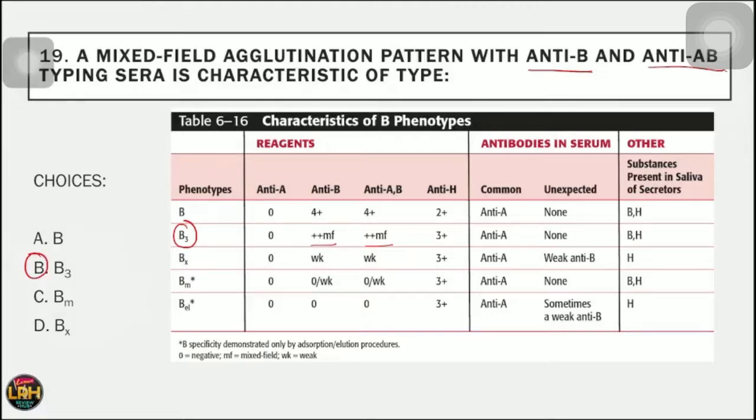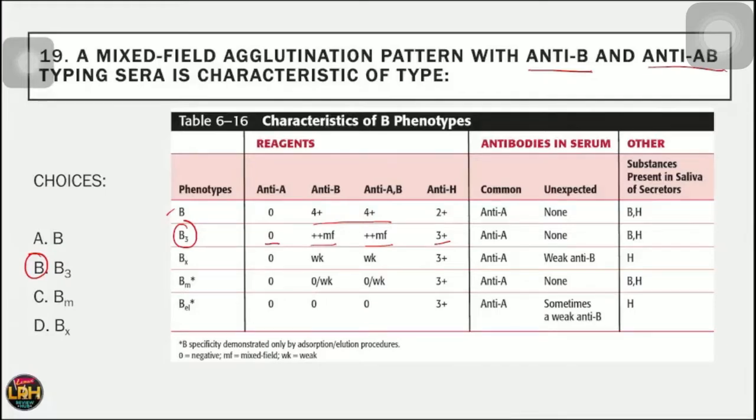Other reactions would include a reaction with anti-H and no reaction with anti-A. So commonly for a B phenotype, we have the usual reaction, positive for anti-B and positive for anti-AB.